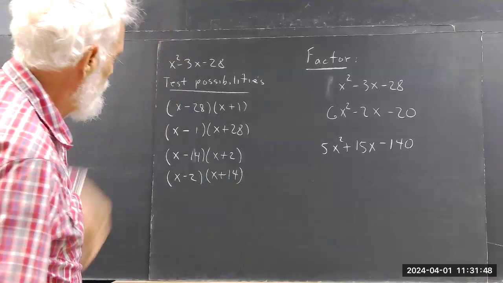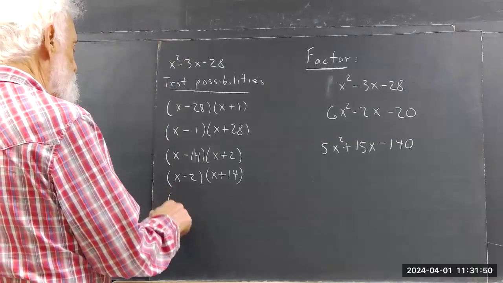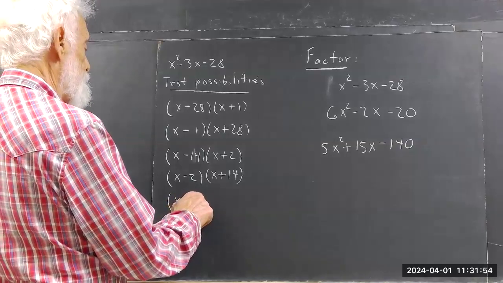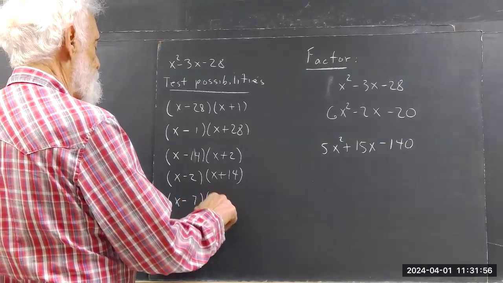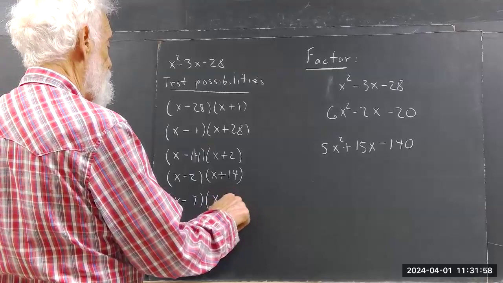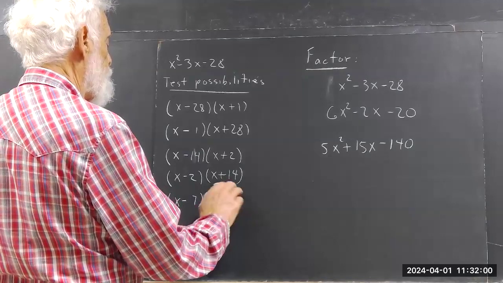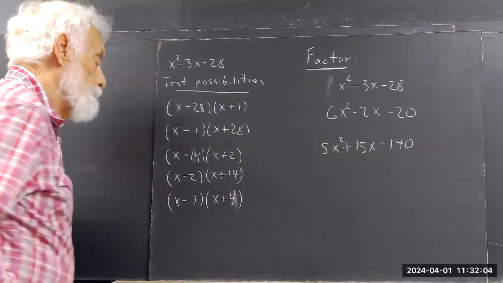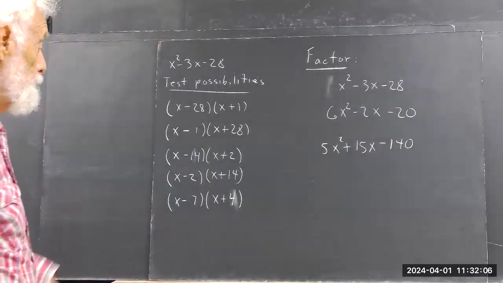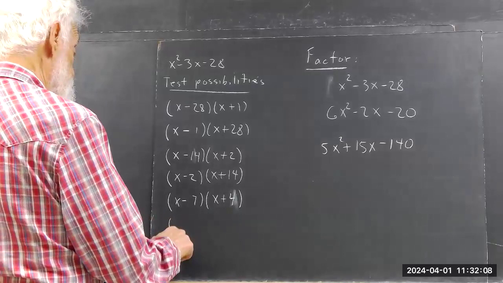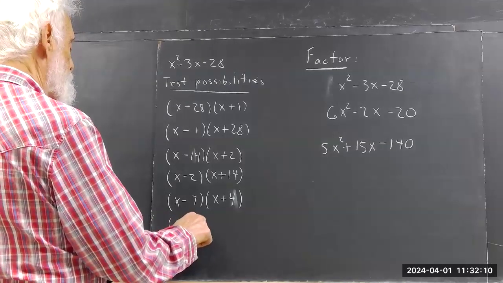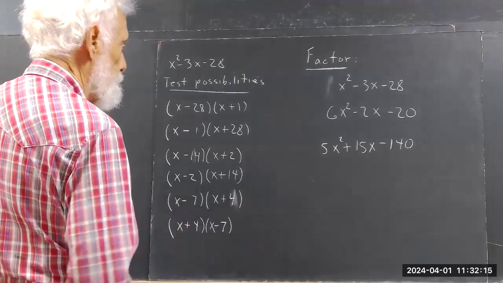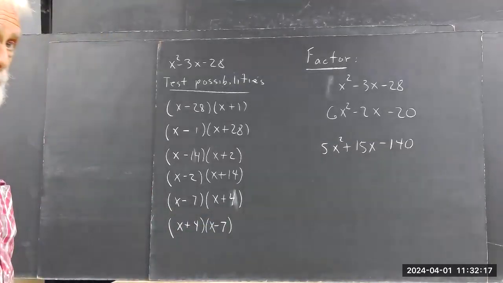It's not going to give you negative 3. Then you've got x minus 7 times x plus 4. Okay. And it turns out that's the one that's going to work. Then you got x plus 4 times x minus 7.